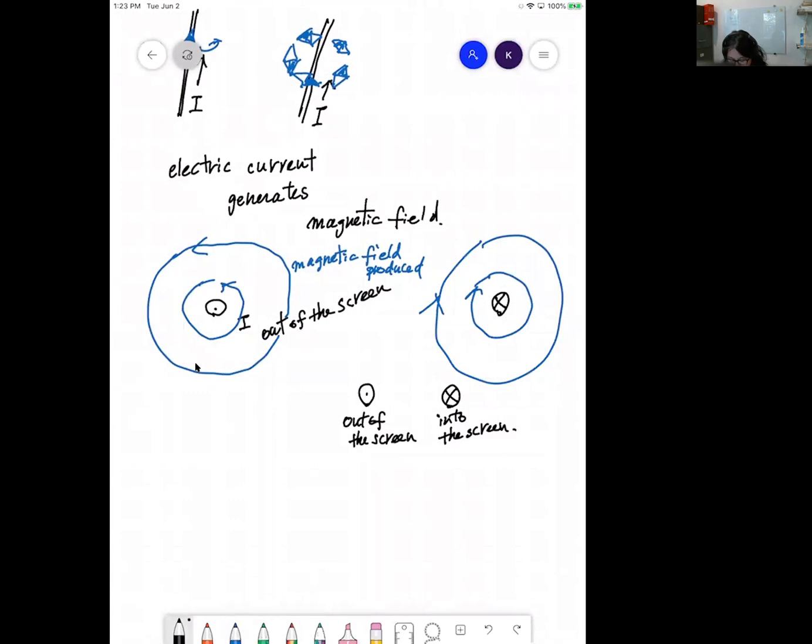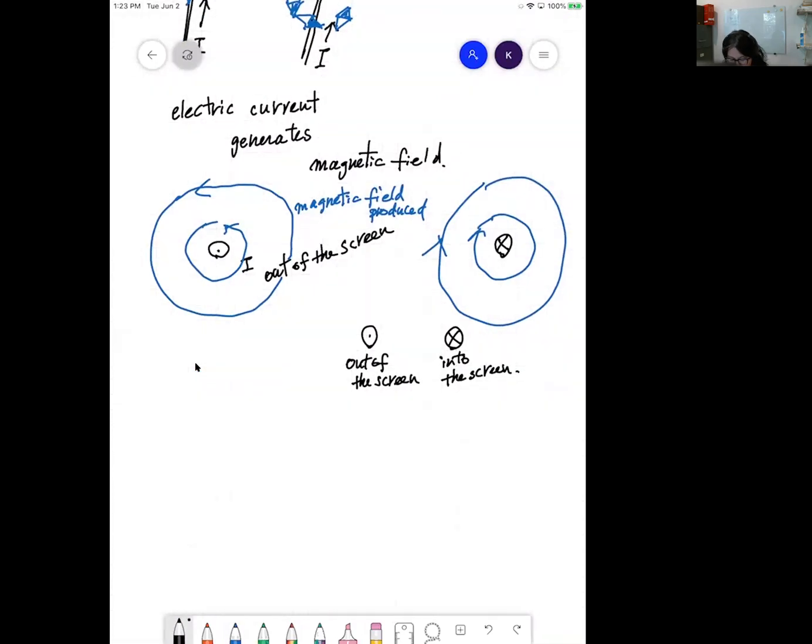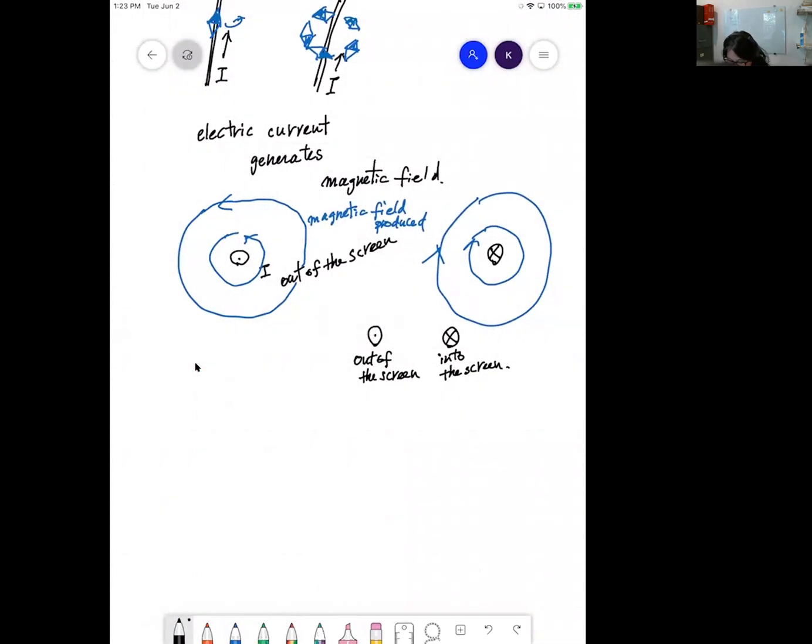Then in the next video I'm going to talk a little bit more about this. Instead of having a long wire, if I make a loop, with the current flowing like this, then you can curl your finger and see that for each segment of the loop, the magnetic field has to be going in like this.